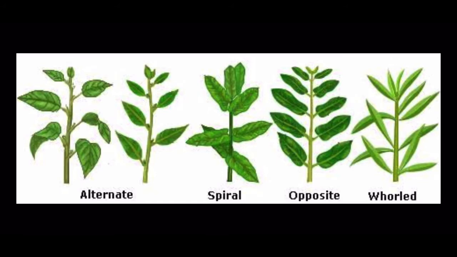They arise from the same node on the right and left side. In some plants, leaves are arranged in a spiral formation. In other plants, leaves are arranged in a whorl, which means that a bunch of leaves arises from the same node on all sides.